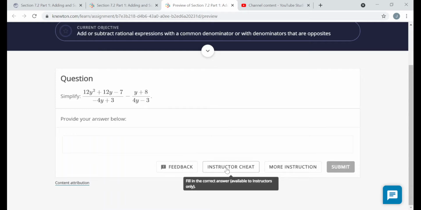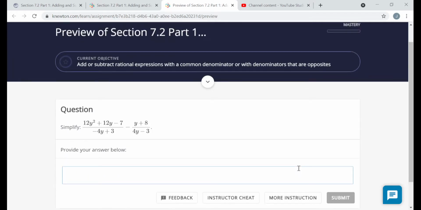You will not see the instructor cheat button, this is only for instructors, but you will see a more instruction button, which I would recommend pressing if you are having trouble. This will provide you with further reading or videos that are related to the specific objective that you're working on, and hopefully those help.